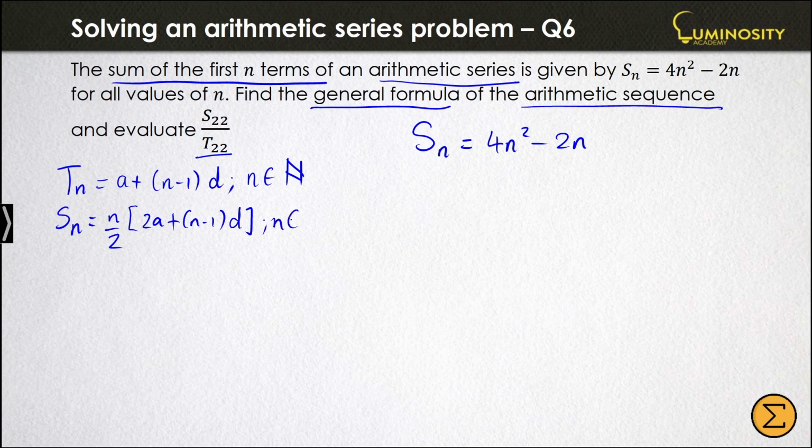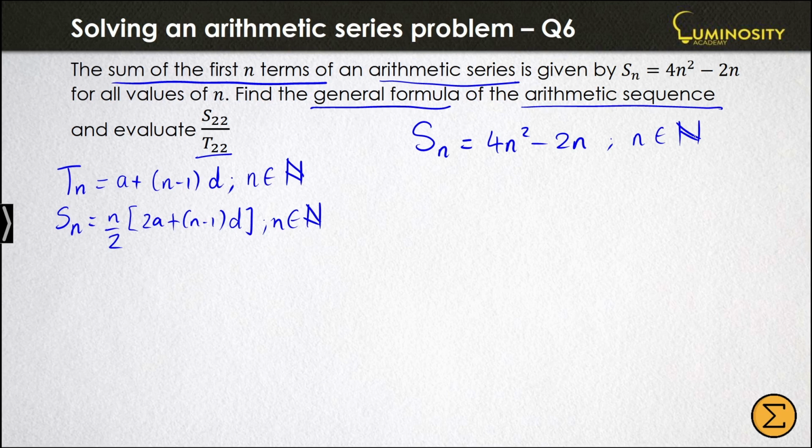But in the formula we've been given, there's no a's and no d's. So those numbers were already known to whoever wrote the sum formula, and when they simplified it using algebra, they got 4n squared minus 2n. So how do you possibly find the general formula of the arithmetic sequence?